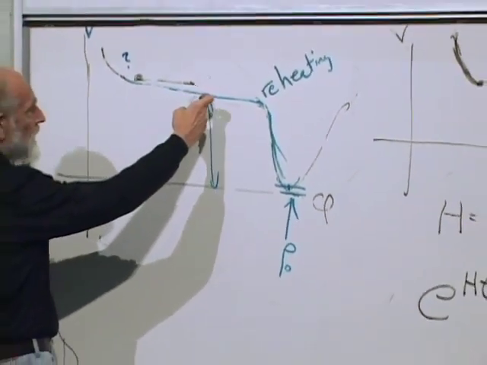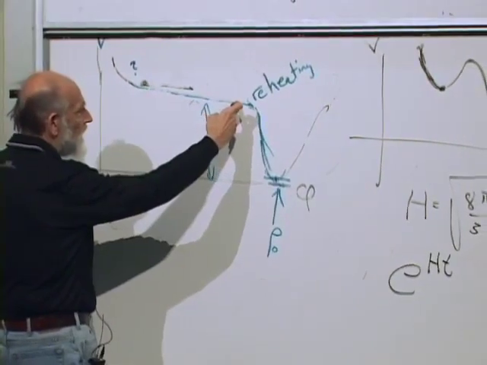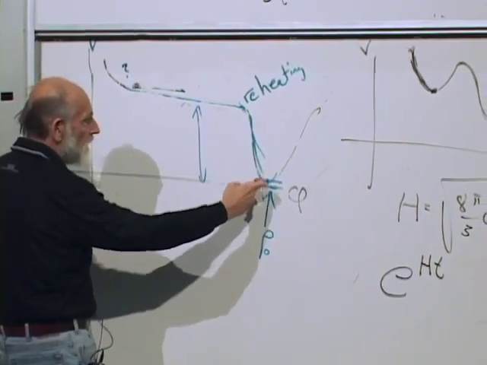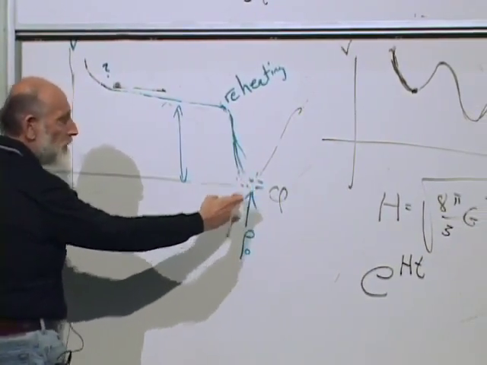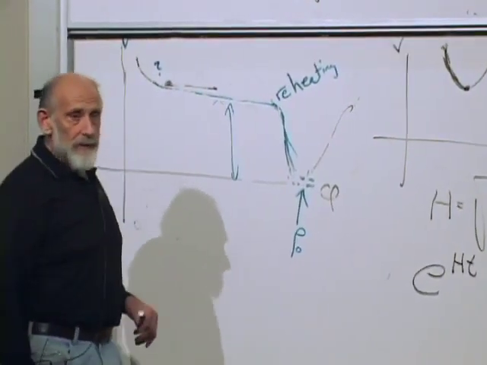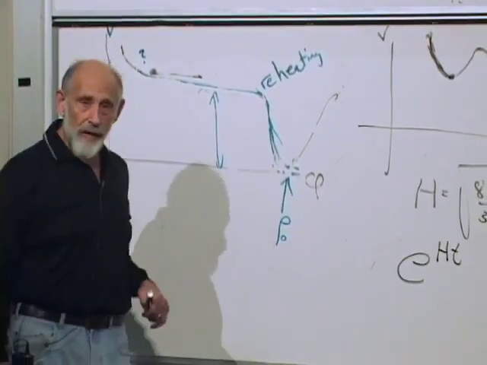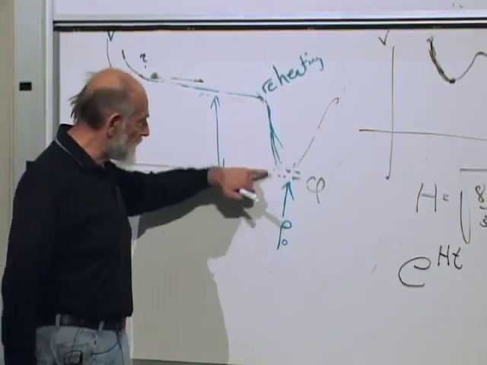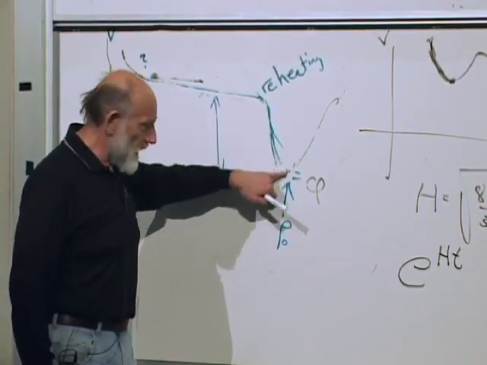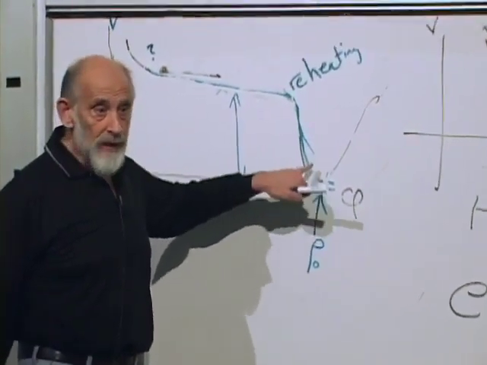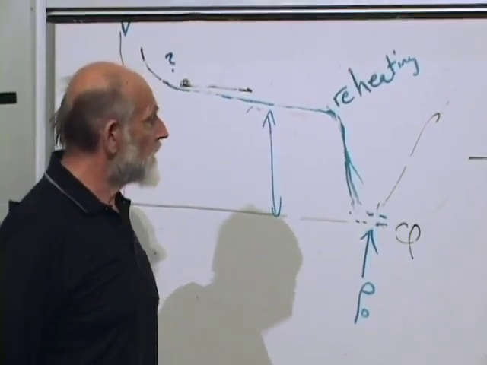And eventually it got to here and went. Perhaps it oscillated a few times at the bottom, but there was a good deal of friction at the bottom due to the expansion of the universe. And so eventually it just came to rest at the bottom. And then T goes on, but phi stays still. Right.